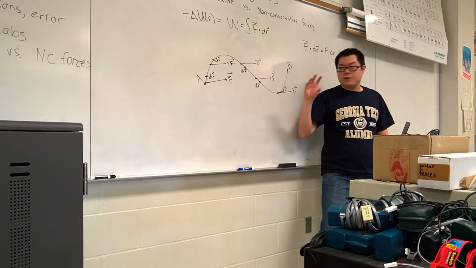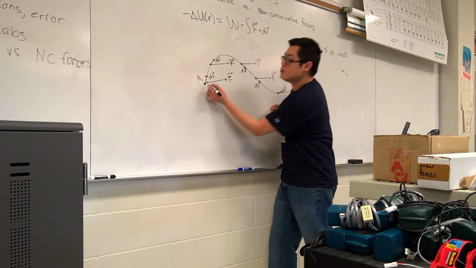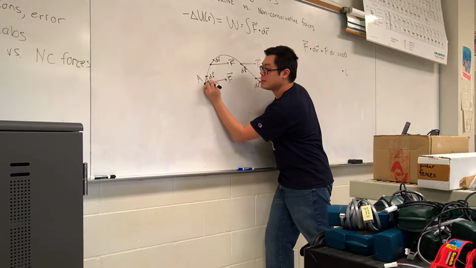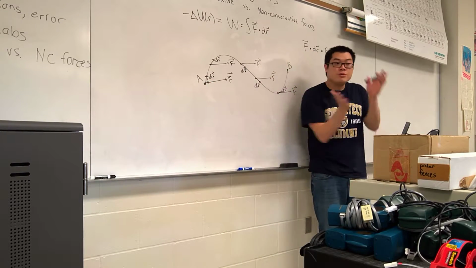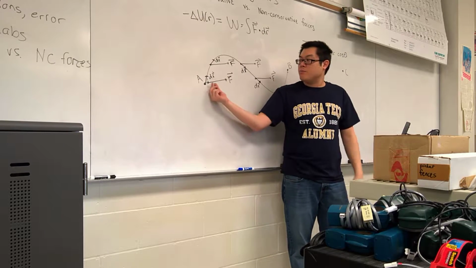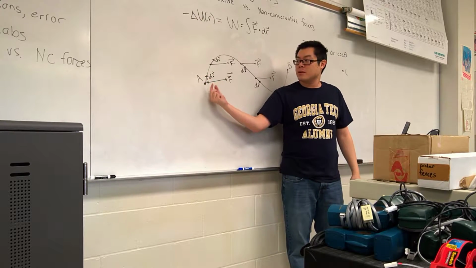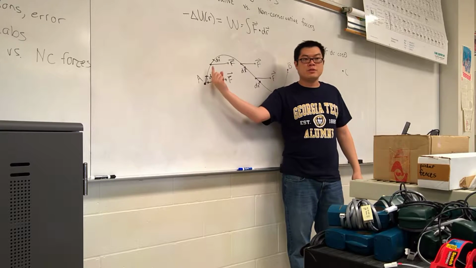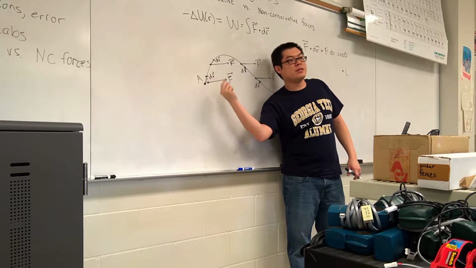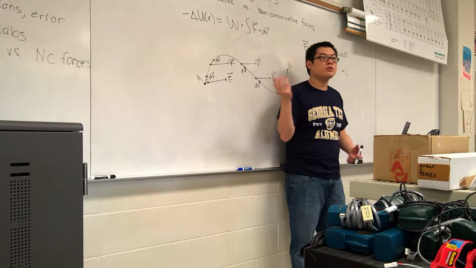If you think of it that way, since we're only ever taking the component that is parallel, the more the angle is away, the less work is done by my force, and the more the angle is in line with it, the more work is done by this force.